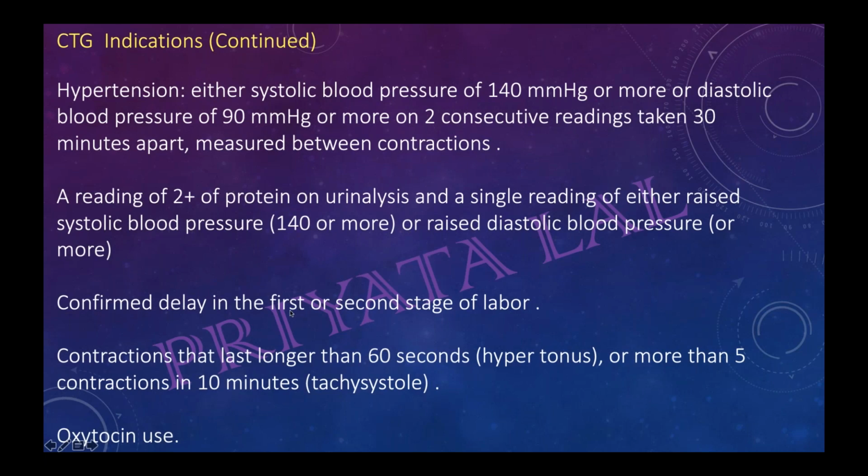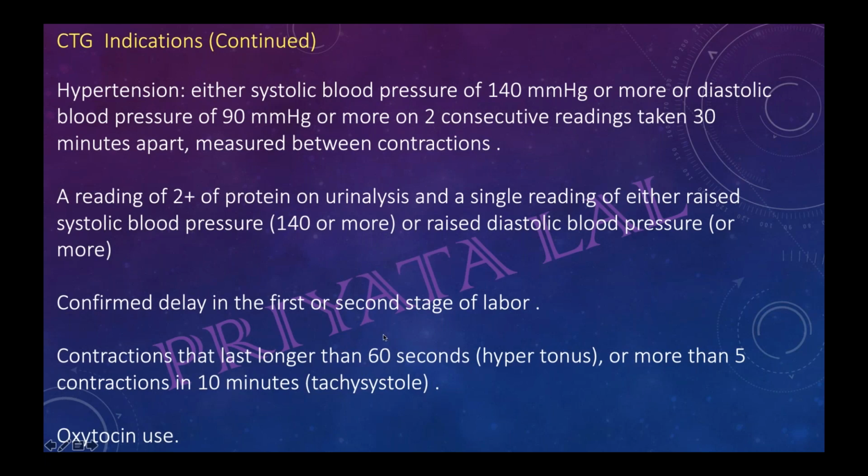For example, if the patient was doing very well and all of a sudden you find this labor has been delayed, then that will be an indication that was not there when the patient was admitted but has now arisen. So this is an indication for CTG.